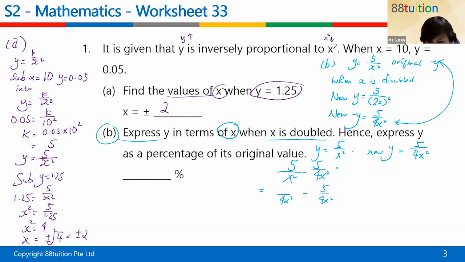What do you have here? 4 times this will be 20, sorry. So your answer will be 15 over 4x squared, right? So this is only the difference. But for the percentage change, I must make sure that I have this out of original.